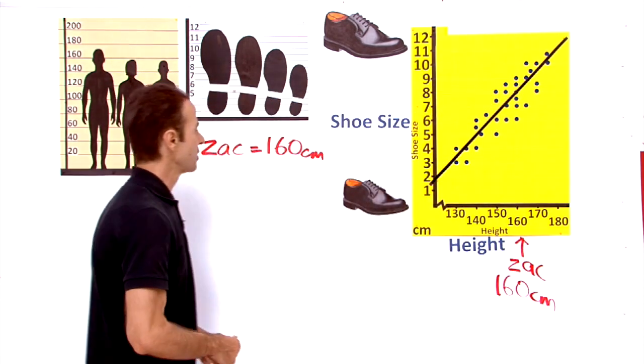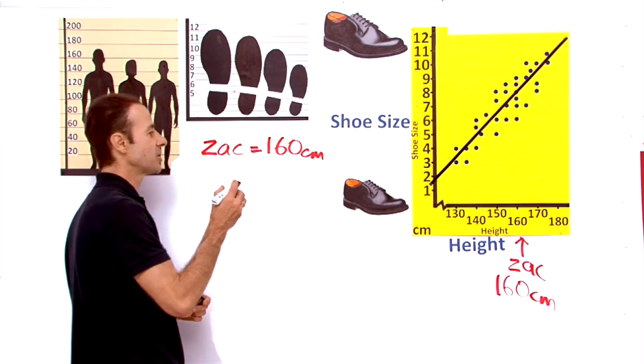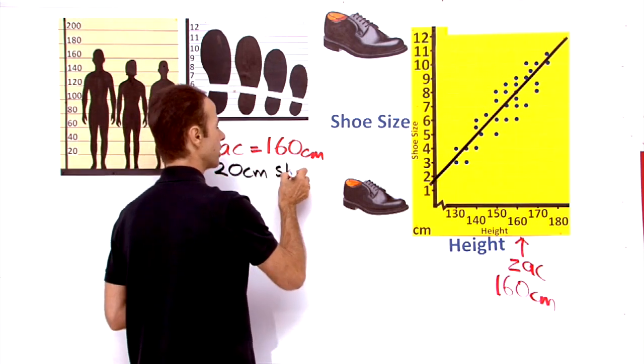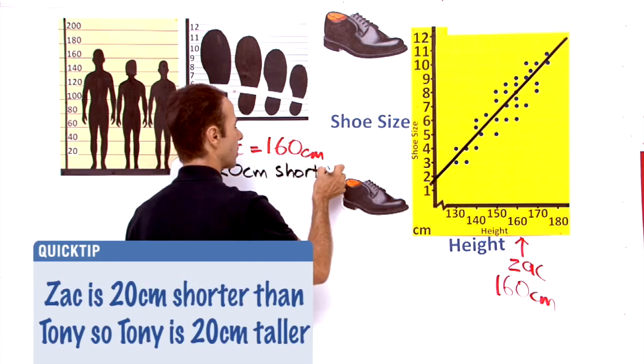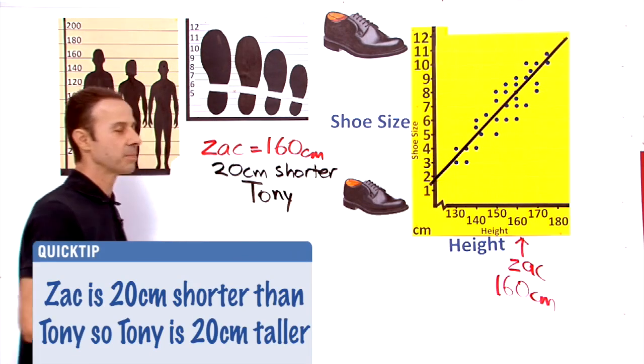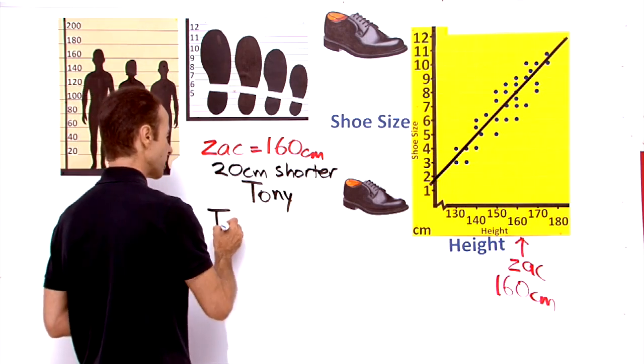Okay, now Zach is what? He is 20 centimeters shorter than Tony. What does that mean? That means that Tony is 20 centimeters taller than Zach, isn't it?